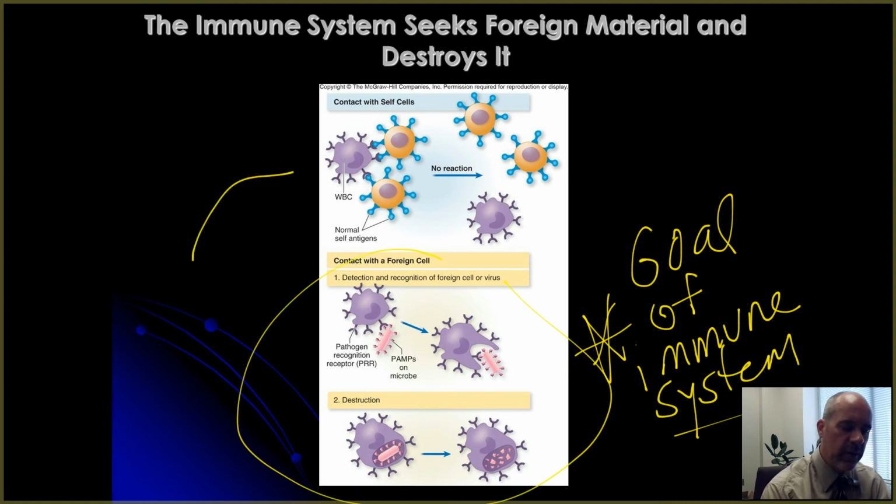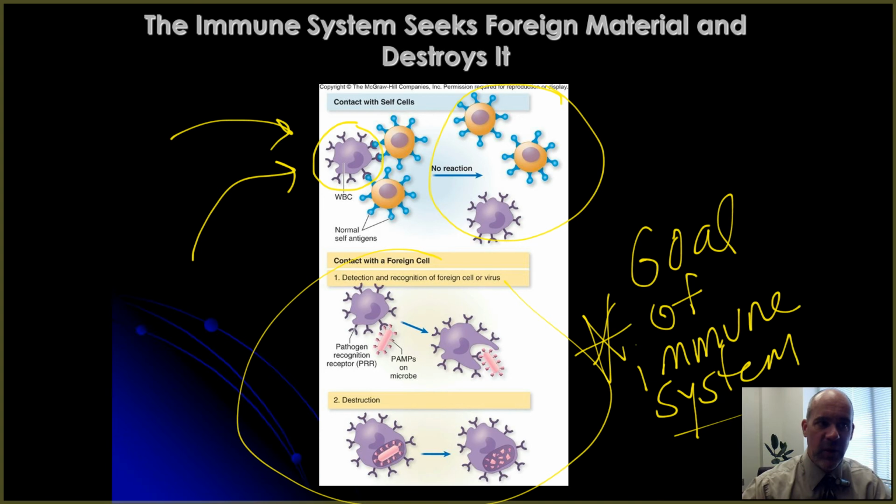So what they're showing you here in a generic way, you have these various kinds of white blood cells that probe cells in the body and other types of substances that make their way into the body. And your immune system has to learn what's your cells, what are your molecules and tissues and so forth, so that they don't react to them. So they probe them, but they don't kill them. You don't kill your own tissues.